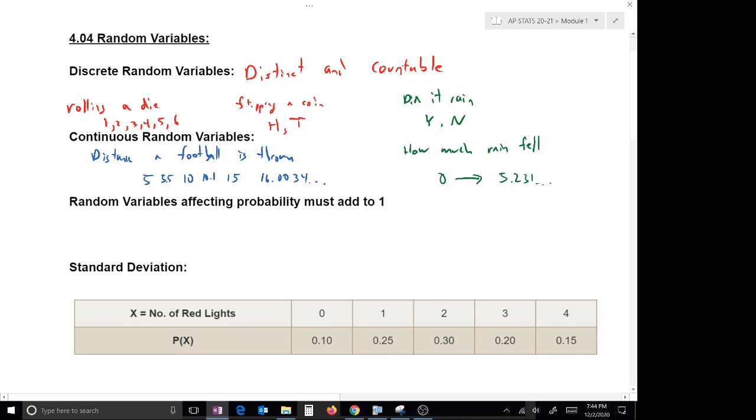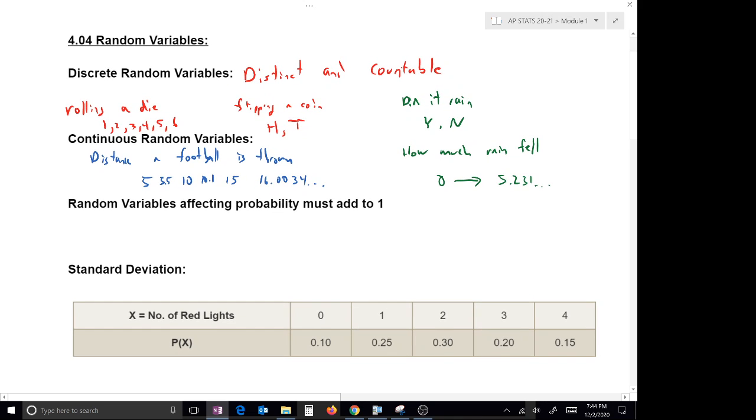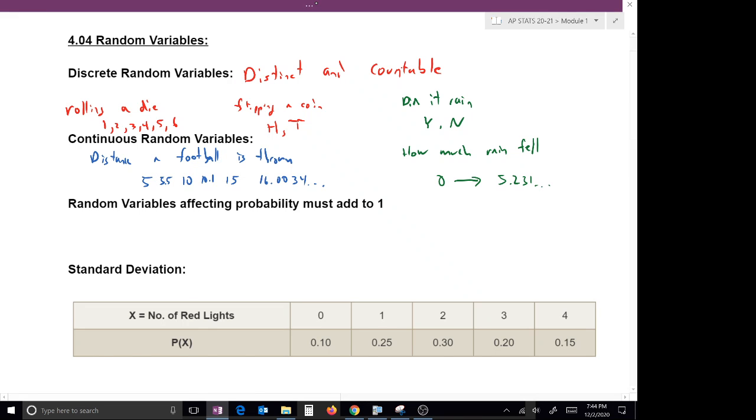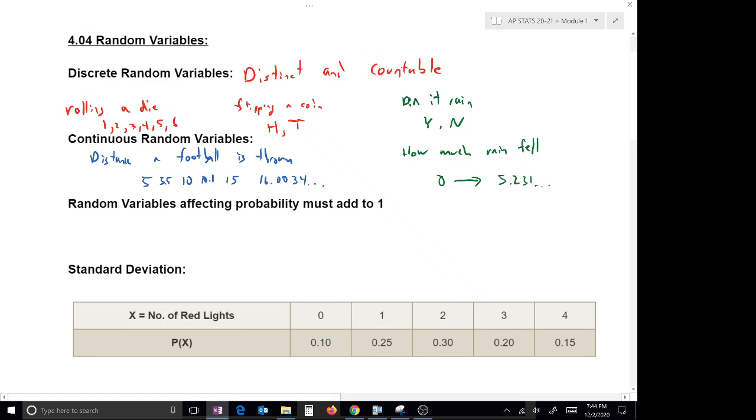No matter what, when we're doing discrete random variables, all of the probabilities of our outcomes must add to 1. So if you looked at flipping a coin, we would assume the probabilities would be 0.5 and 0.5, and those would add to 1.